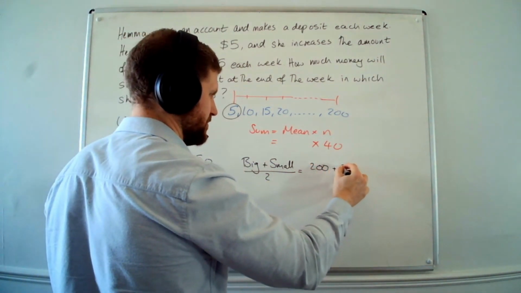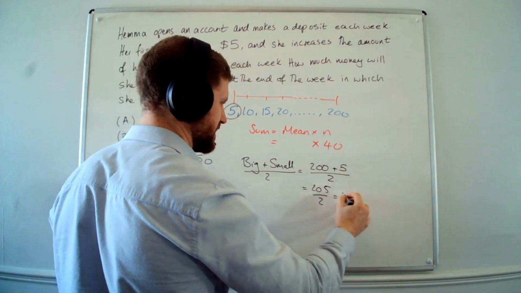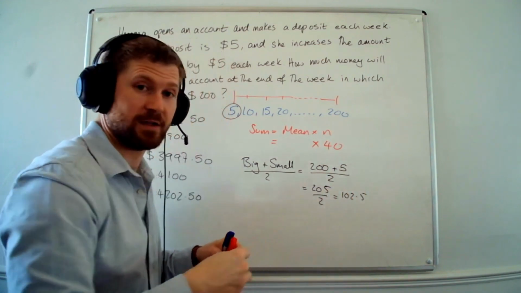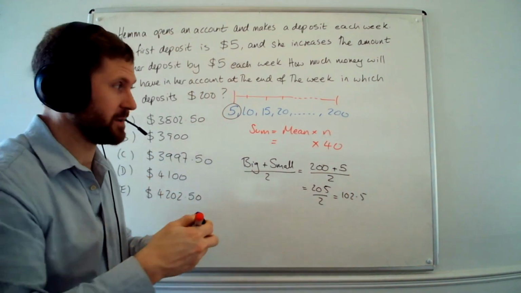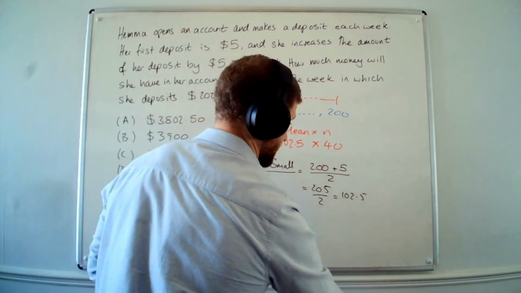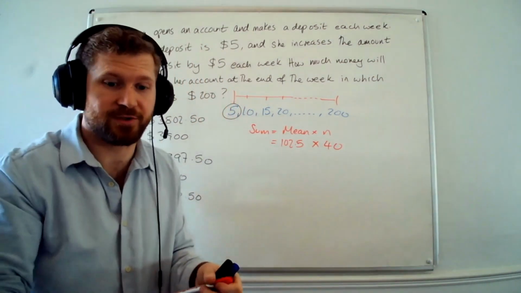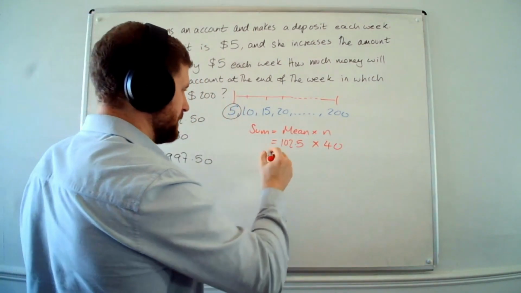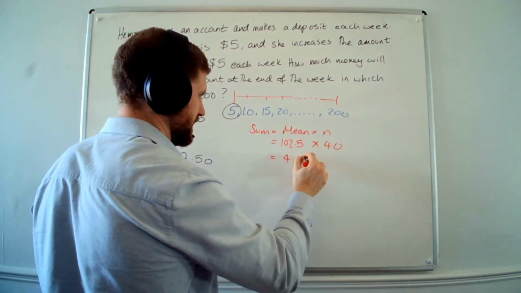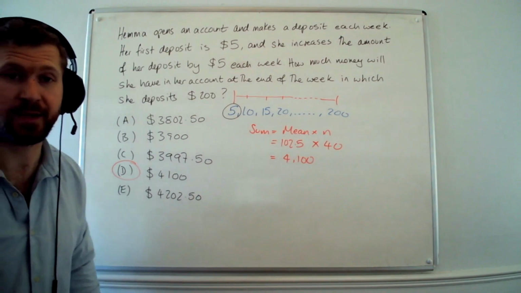In this case, that's 200 plus 5 over 2. 205 over 2 will give me 102.5. And that's going to be my mean, and I can fill that into that formula. And all I need to do now to find the answer is, again, get out the calculator, 102.5 times 40. And if you do that, that would give you 4,100, which means the answer to this question is going to be D.